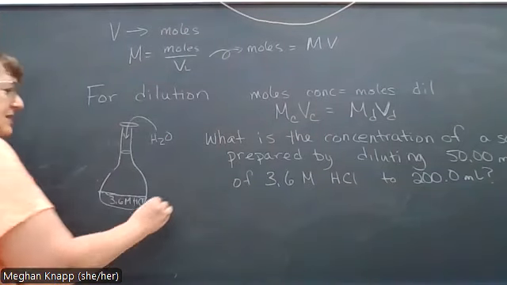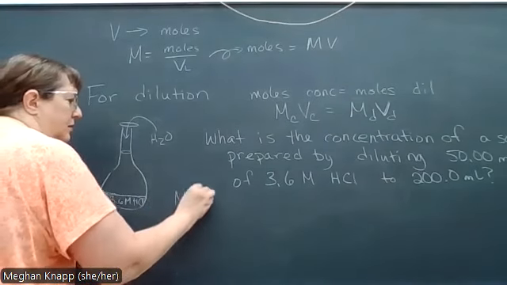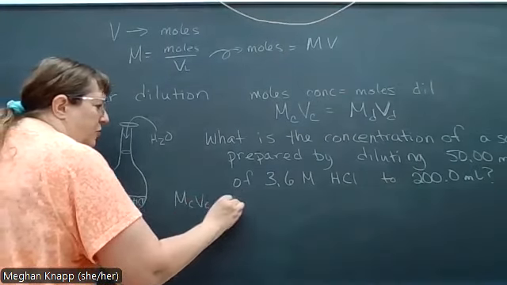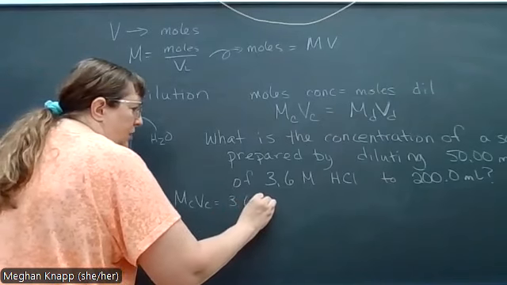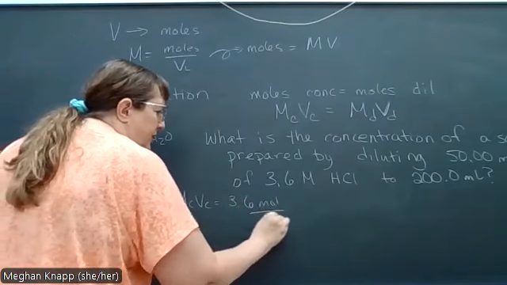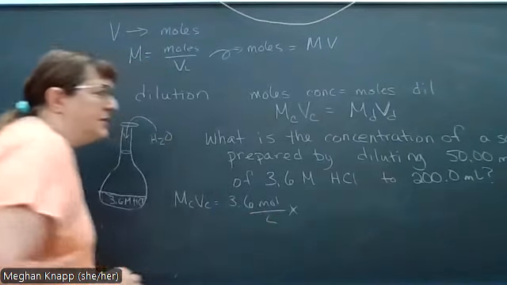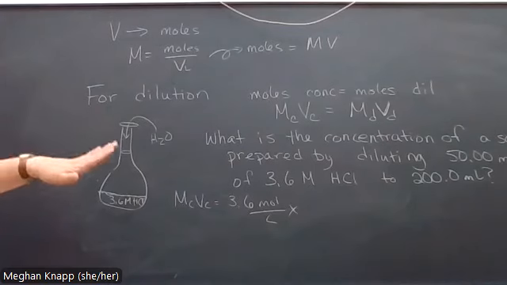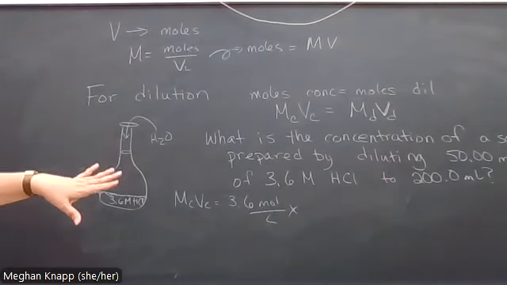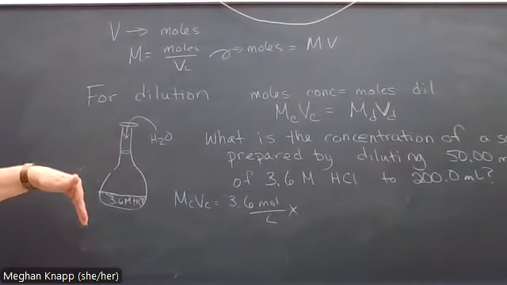The McVc is going to be 3.6 moles per liter times, now it's not 50 liters, it's 50 milliliters. So we're going to have to divide that by 1,000. Yes?